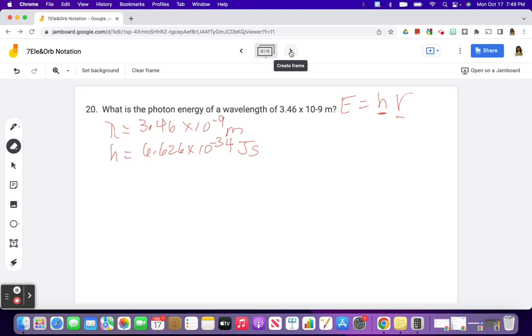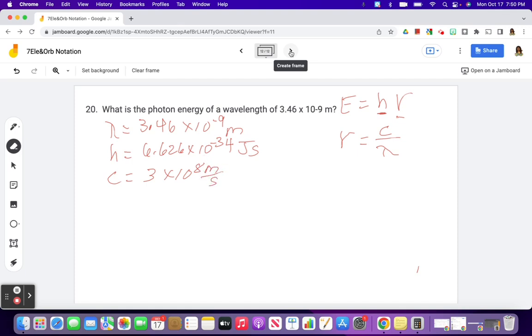We also know something called the speed of light. So we could use the speed of light equation to solve for frequency. So frequency using speed of light is speed of light divided by wavelength, because we know the speed of light. So we're going to do a little substitution.